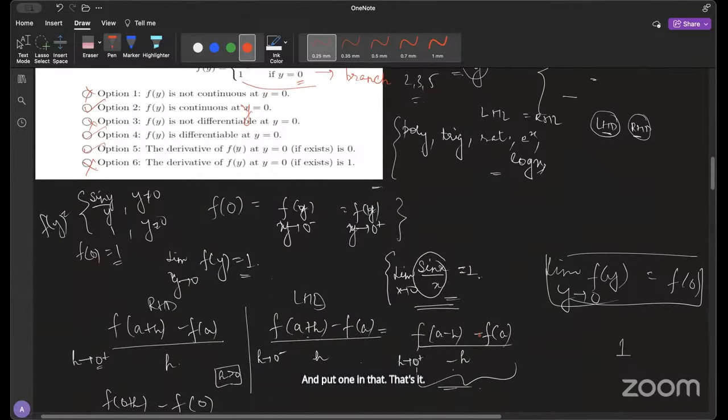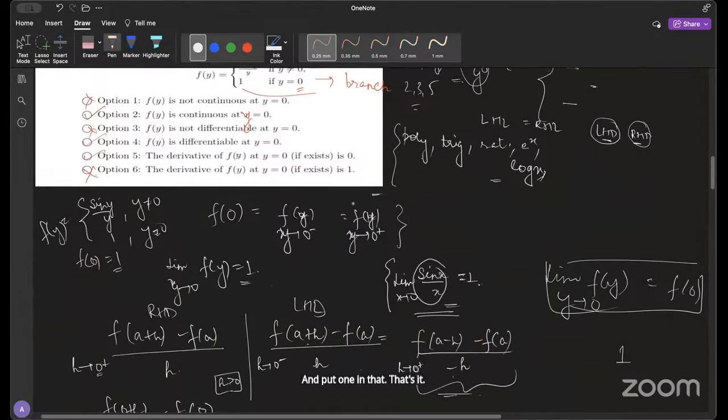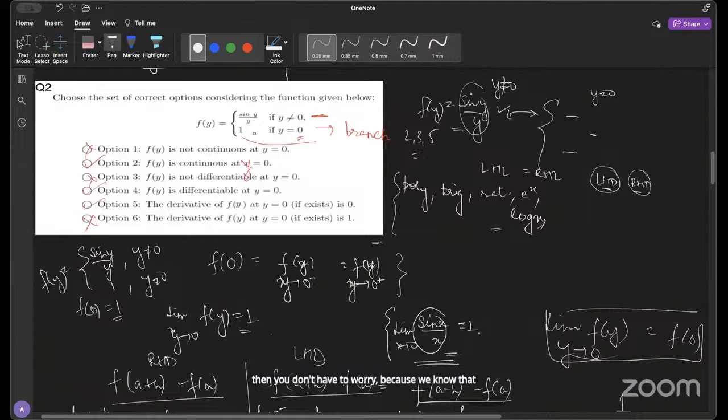That's it. Then you don't have to worry because we know that this is a differentiable function at y not equal to 0, right? Yes, ma'am. Only this part I'm talking about, not the entire function.